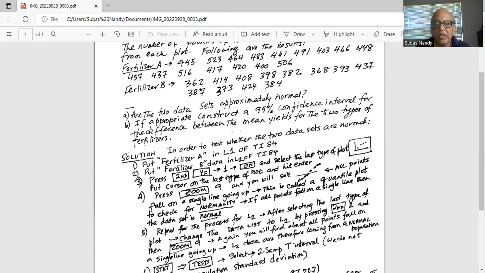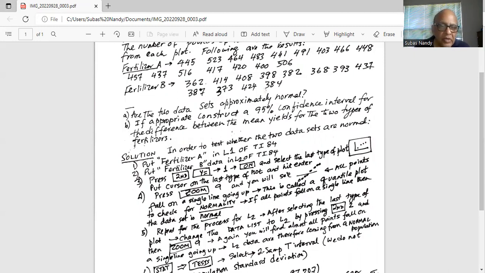So, second Y equal to, then Plot 1, then select On and select the last type of plot. Put the cursor on the last type of plot and hit enter. So it's flashing on the last type of plot.